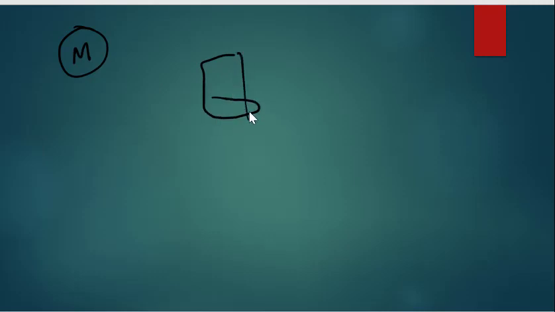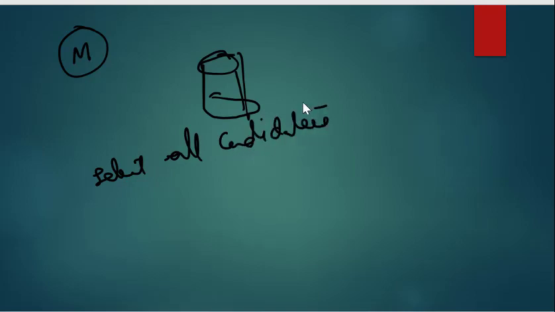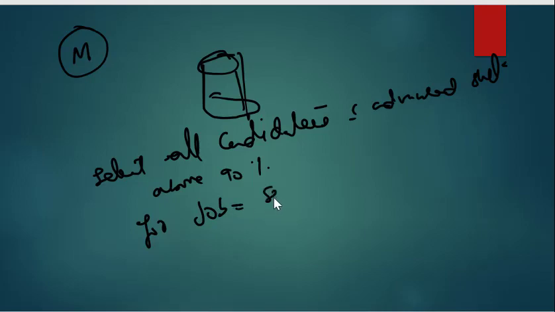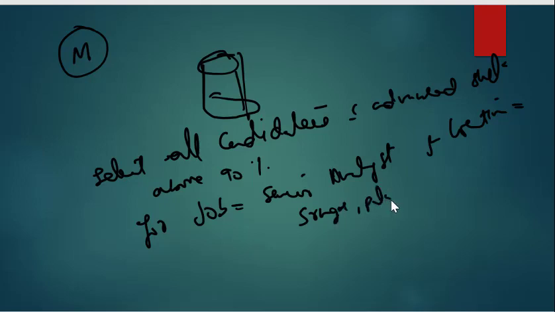He will talk with the database and query it: select all candidates with advanced skills above 90% of the knowledge competency for job equals to senior analyst and location equals to, say for example, Srinagar and Pulwama.